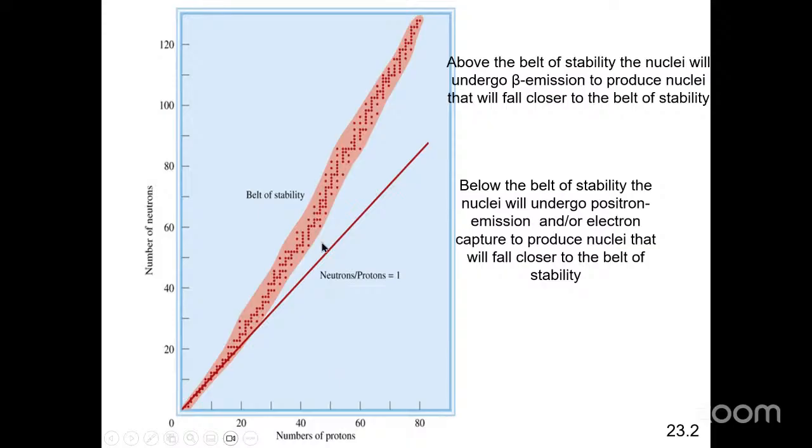Basically what they're saying is that for the larger nuclei, the number of neutrons will be greater than the number of protons, and the heavier elements are less stable, right? So basically, when they become more stable by some decay, then the resulting product will fall closer to this belt of stability here, right?